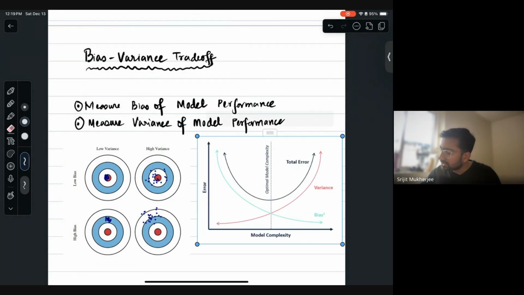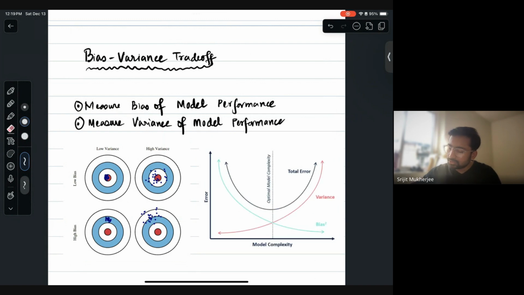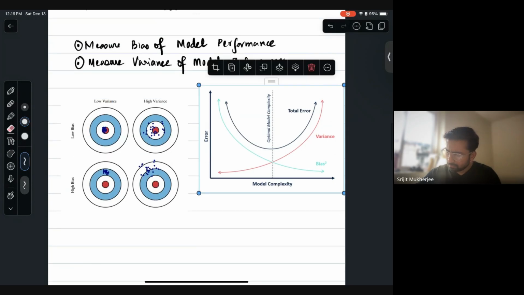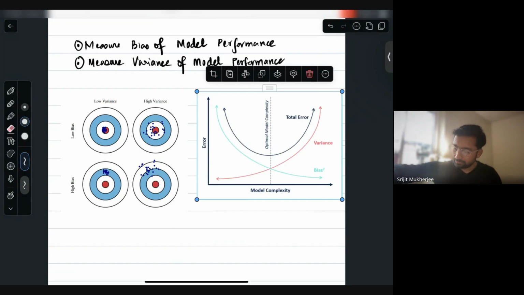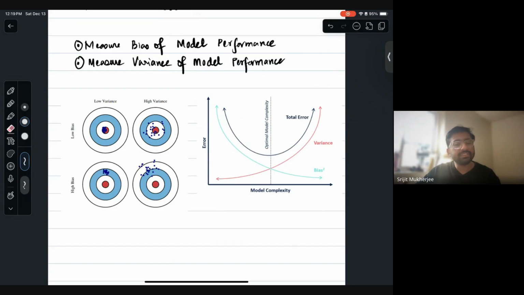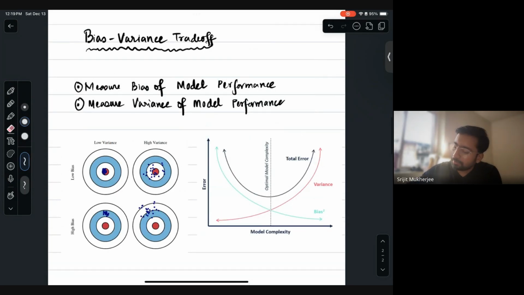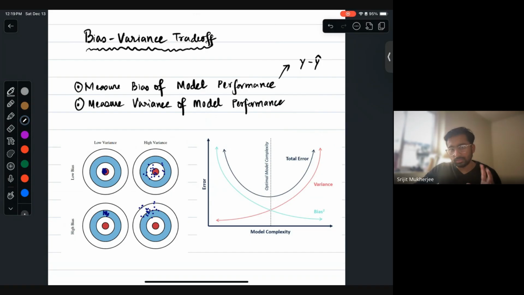So what do these pictures say? Understand this. So we have to understand the bias. What's the bias? The basic measurement of bias is the model's true prediction minus y hat. This is the basic idea. This is bias.